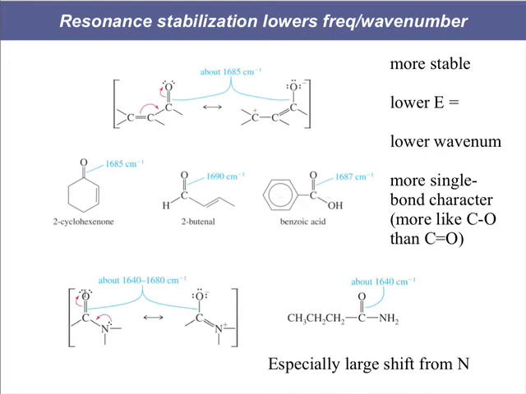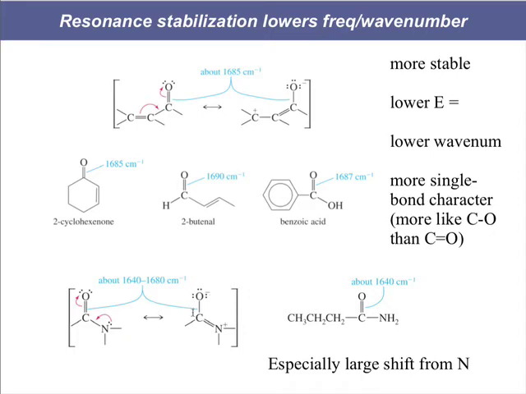Same thing with a nitrogen for an amide. Normally this ketone again would be 1710 for that carbonyl. But if it's an amide with the nitrogen next to it, that nitrogen is a very strong resonance donator. That N is very willing to donate its electrons into that carbonyl, which gives this carbonyl significant single bond character.